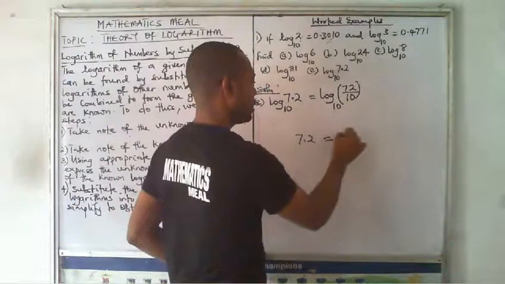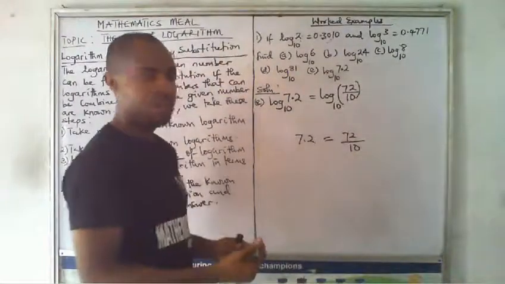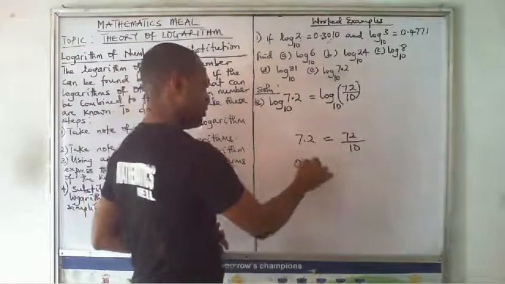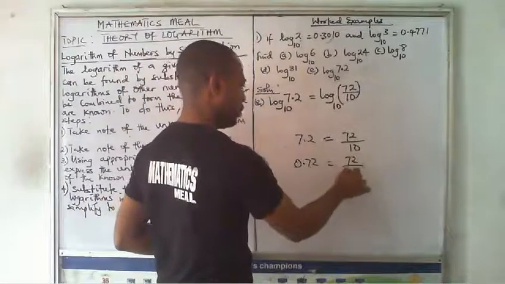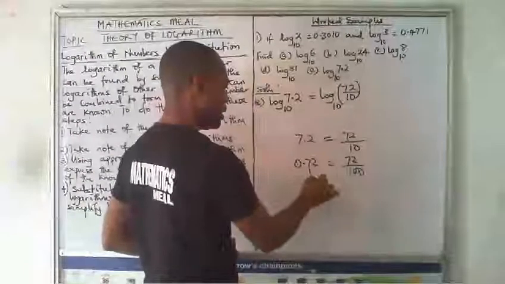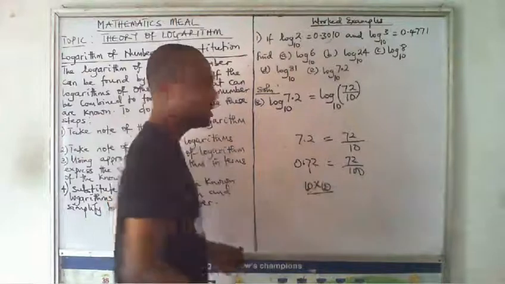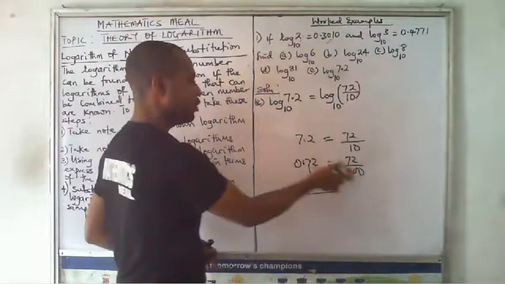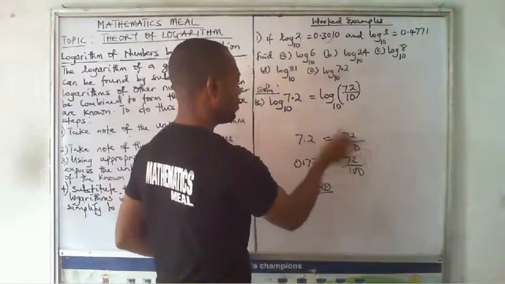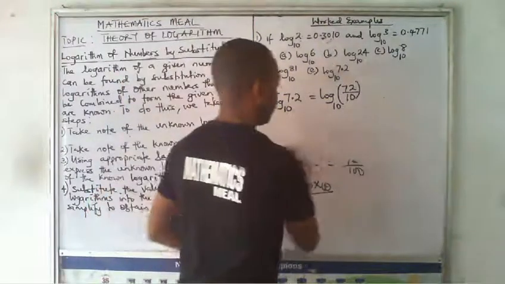So this is 72 over 10 because we have one decimal place. If we have 0.72, we have 72 over 100 because the first decimal represents a 10, the next one represents a 10. So to remove this decimal, I need just one 10 that will multiply, and that's why we have 72 over 10.